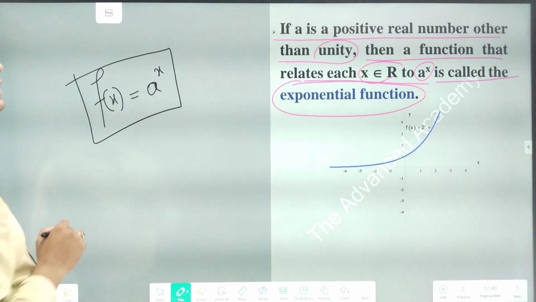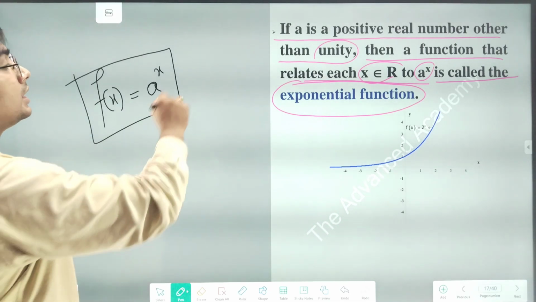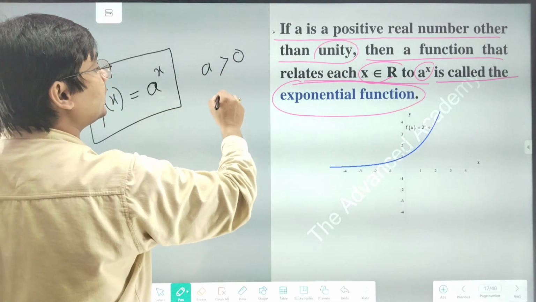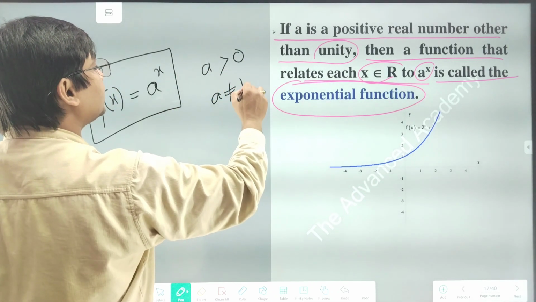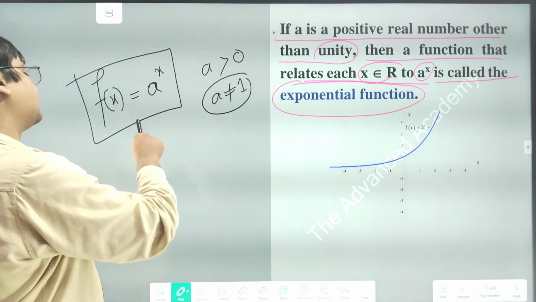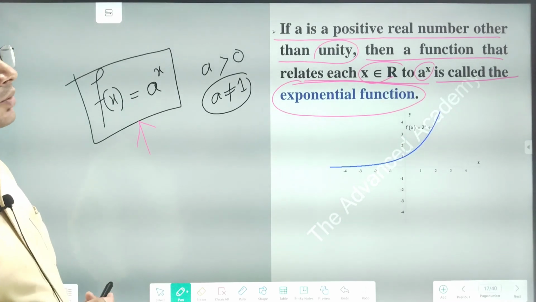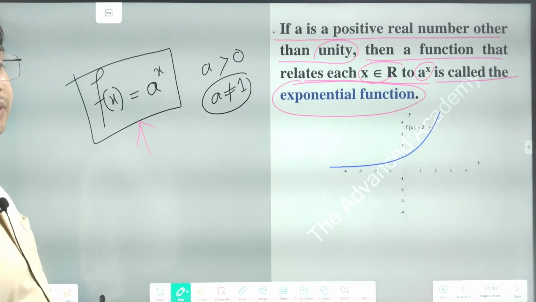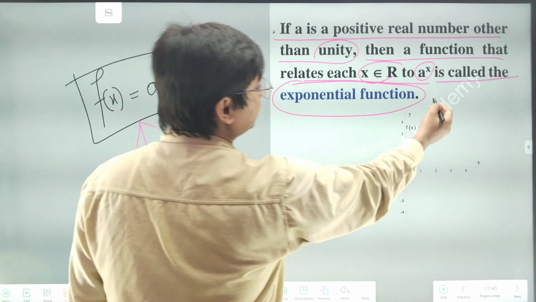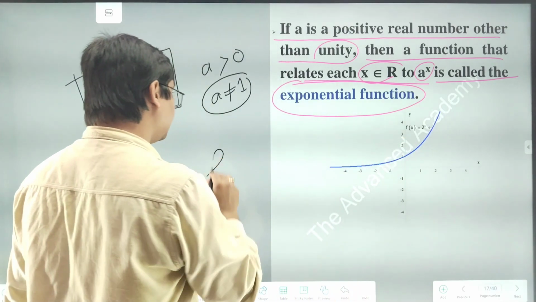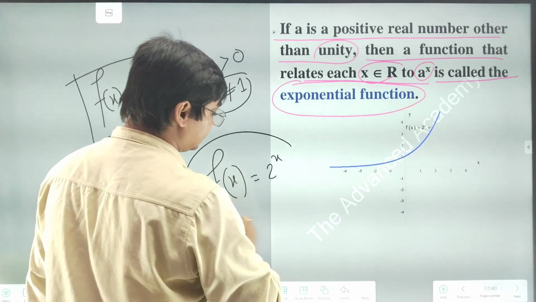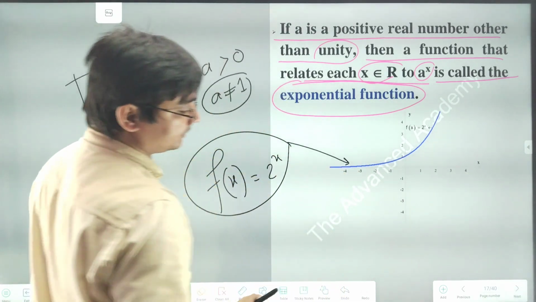Here a is greater than 0, a real number, and not equal to unity. The graph of an exponential function is like this one, and this is the graph for the function 2 to the power x.